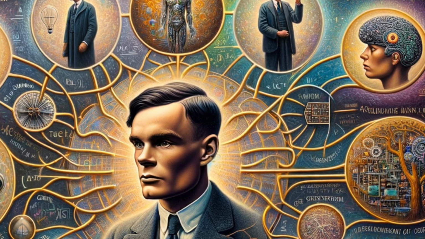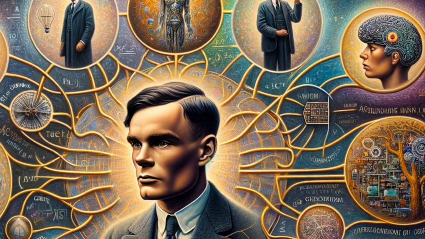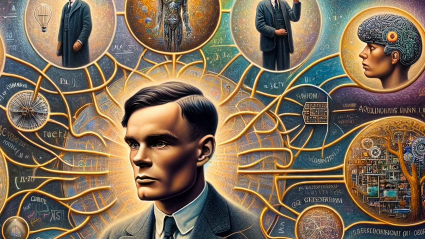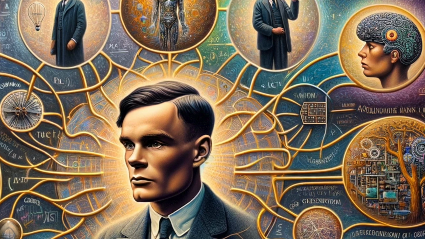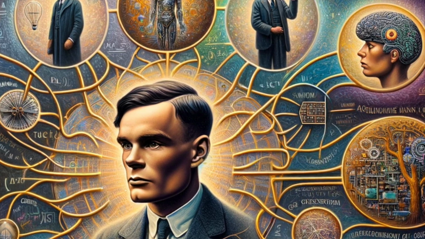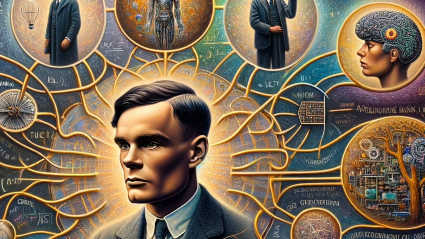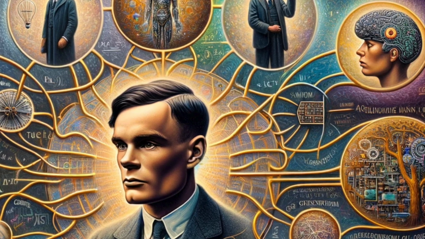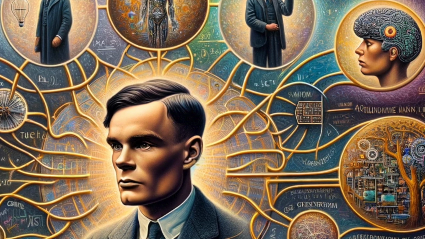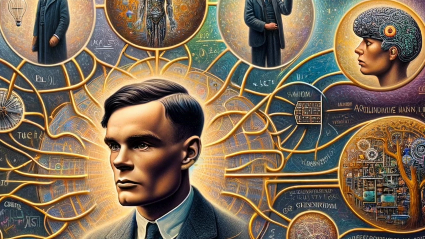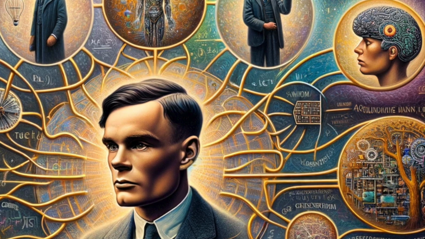The argument from continuity in the nervous system suggests that the continuous, non-discrete nature of the human nervous system cannot be replicated by machines. Lastly, the argument from informality of behavior posits that human behavior cannot be entirely encapsulated by a set of predefined rules, which machines rely on.